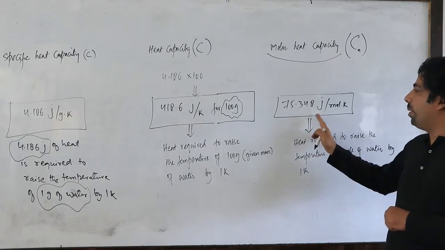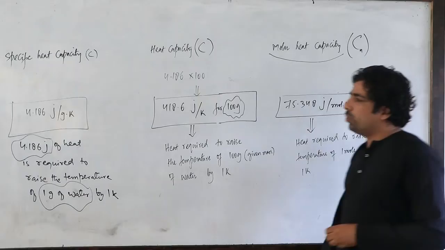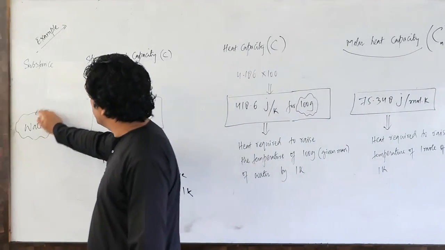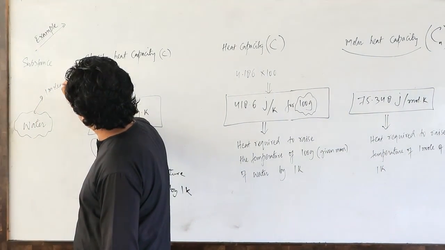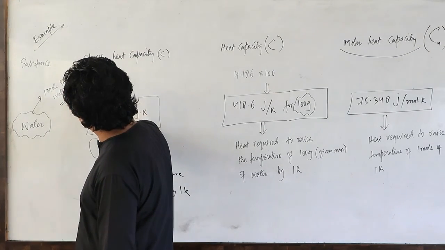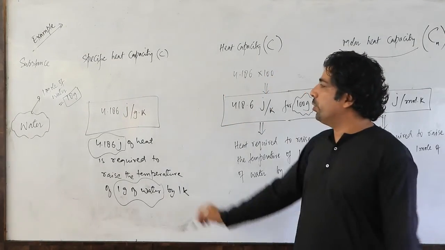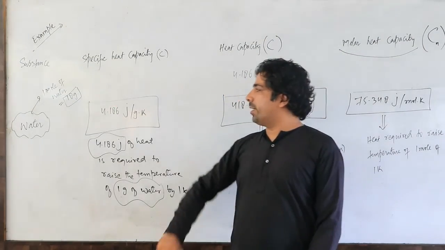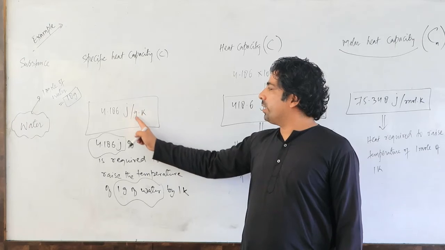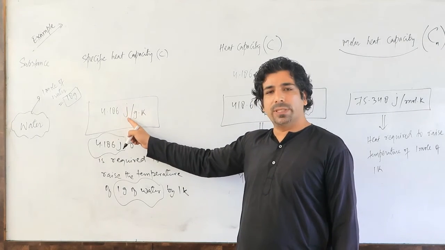I hope everybody has understood this particular thing. And you know that if I take 1 mole of water, how much is the mass of 1 mole of water? That is 18 grams. So we know that 1 mole of water is 18 grams. And you know that for 1 gram, 4.186 joules is required.